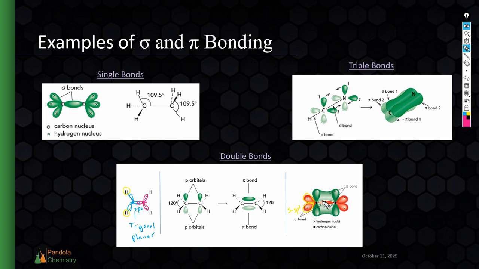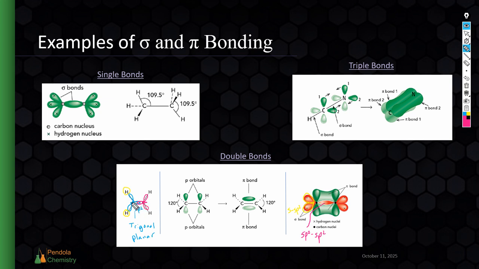So this right here is going to be made of an sp2 hybrid orbital overlapping with an sp2 hybrid orbital, because both of those carbons have sp2 hybrid orbitals.